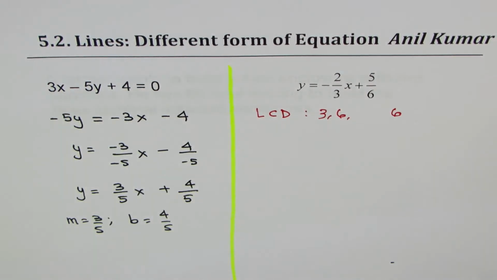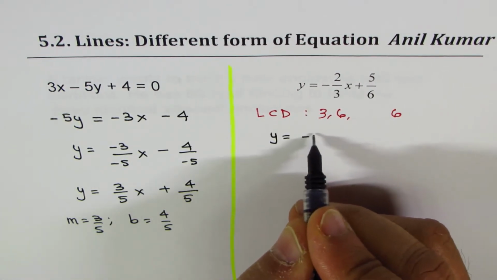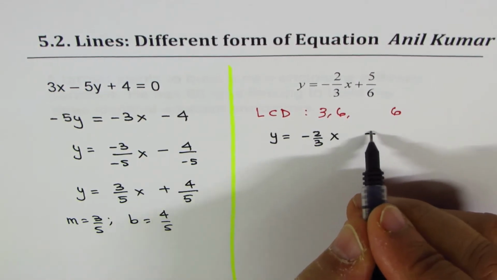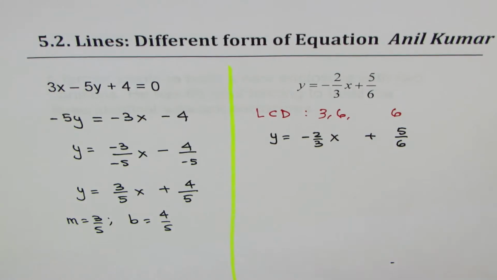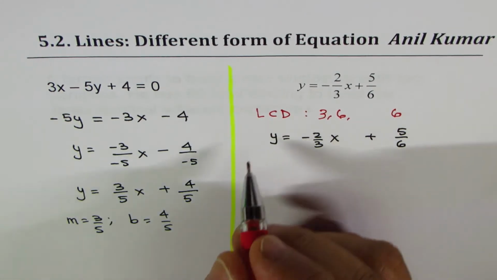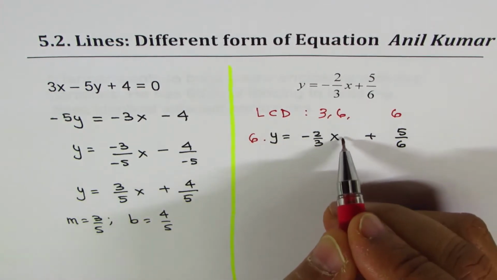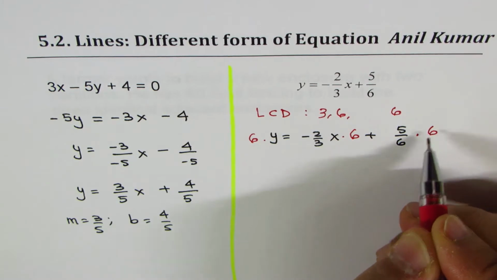So we can write this equation as y equals, I'm rewriting the equation, minus 2 over 3x plus 5 over 6. Since the lowest common denominator is 6, we can multiply each term by 6. So we'll multiply this by 6, this by 6, and that term also by 6.